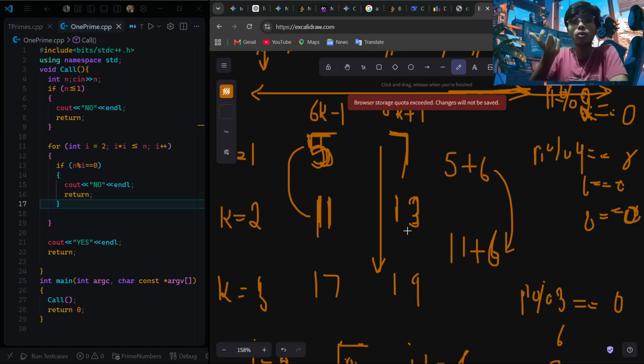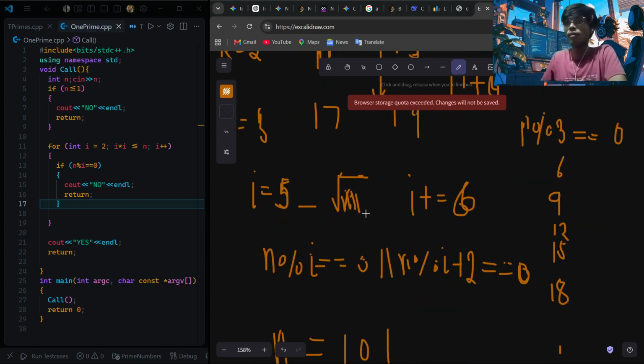And what I will do is check if that number is divisible by either 5 or 7. So if i is equal to 5, what is 7? i plus 2. So at the same time, I will check with two numbers. I will start from 5 and go till root n. This will not change.